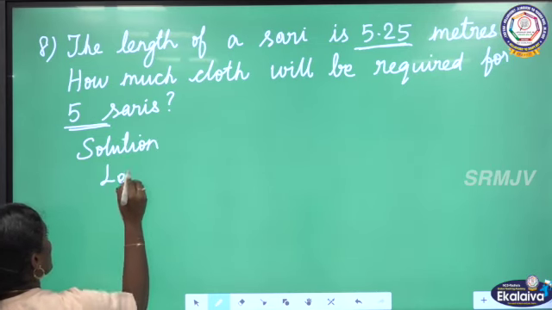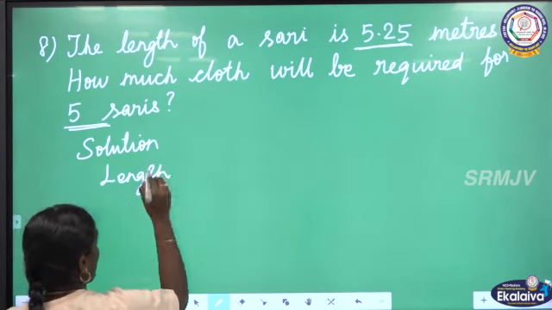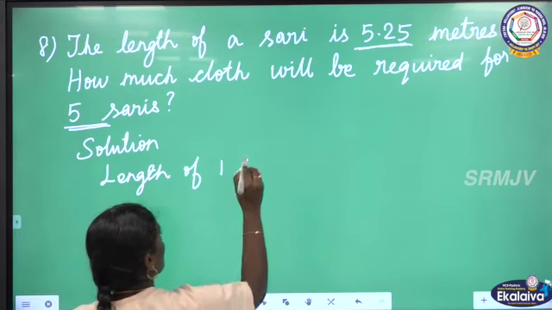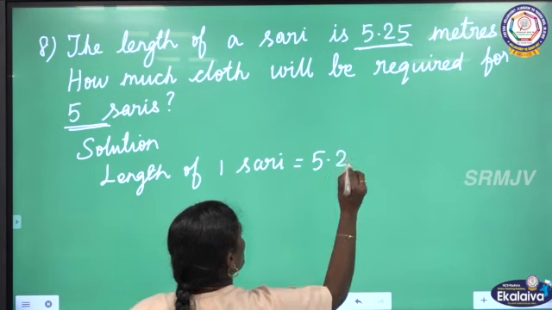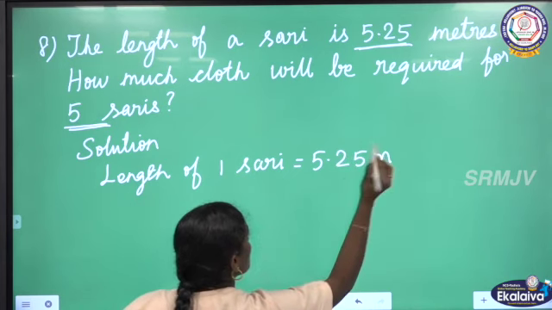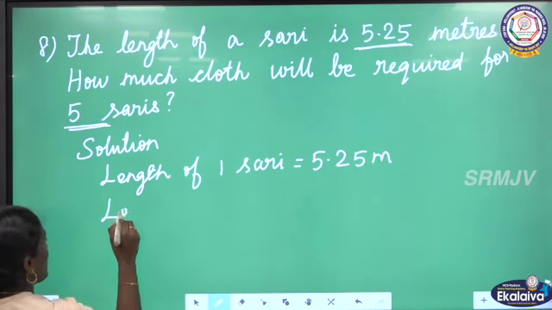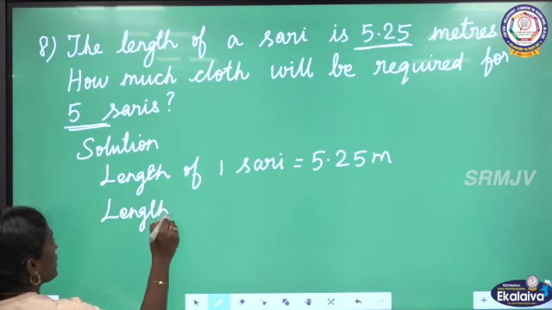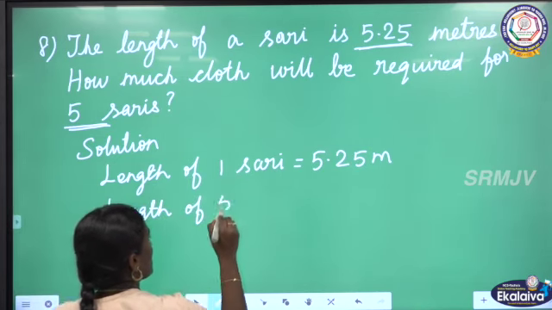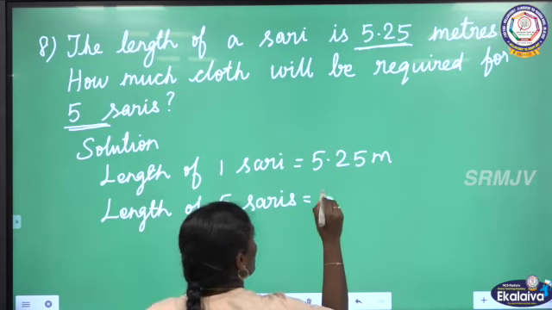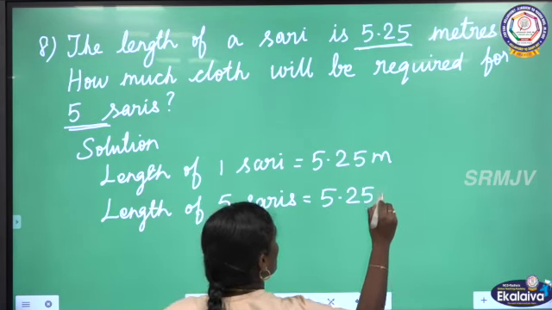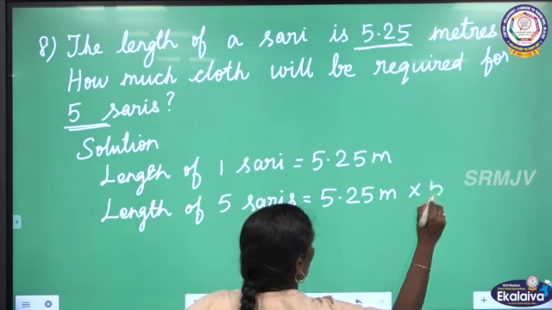Length of one saree is equal to 5.25 meter. Now we have to find the length of 5 sarees. It's equal to 5.25 meter into 5.